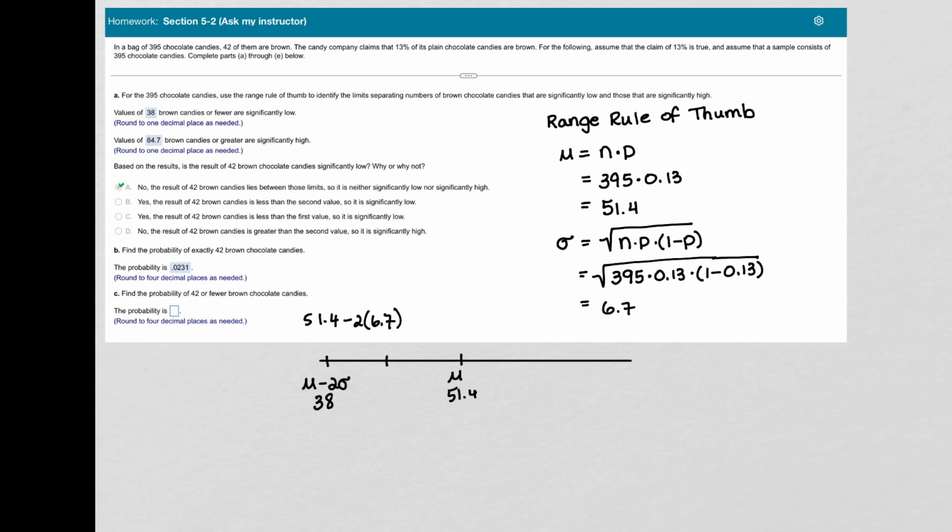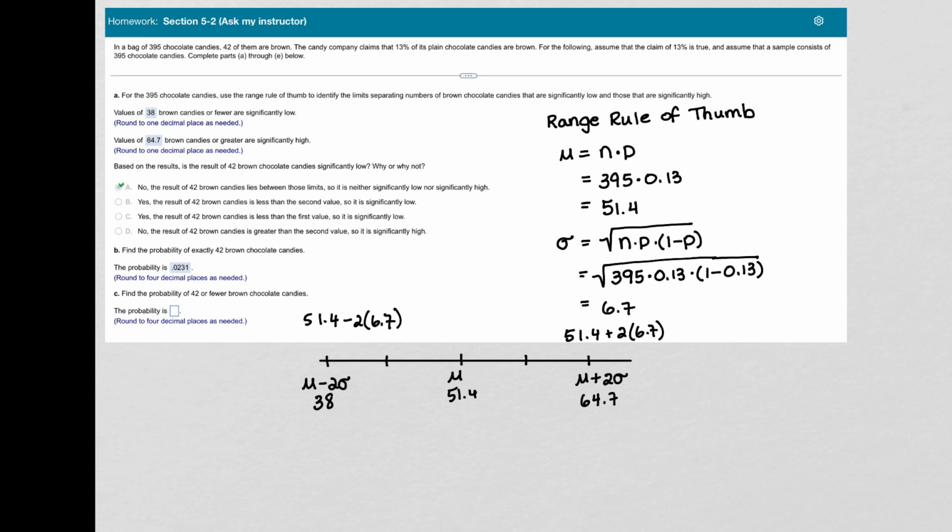And if I mark 2 standard deviations above the mean, that's going to be the 51.4 plus 2 times 6.7. So that turns out to be 64.7.